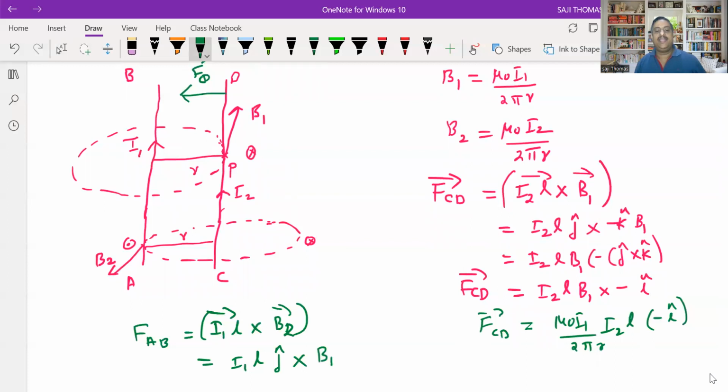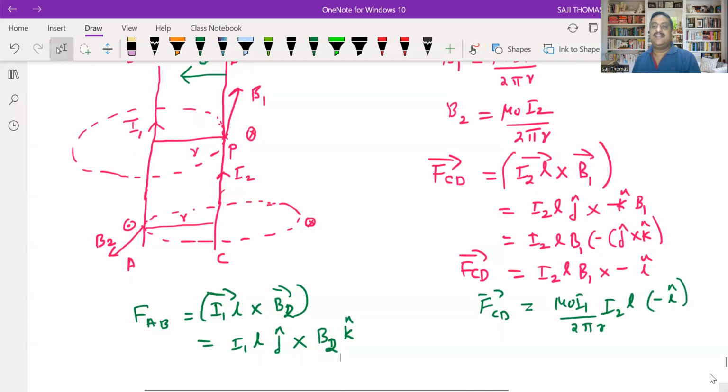So it is I1L cross B2. B2 is in the K direction. See the diagram, it is out of the plane of the paper, the positive Z direction.